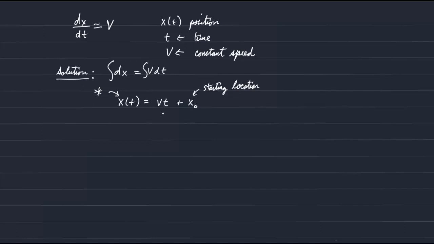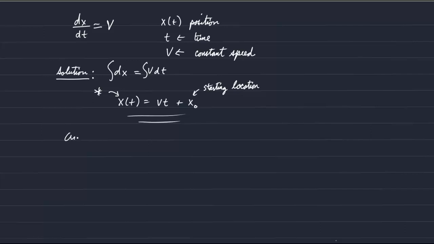It's your location when t is equal to 0. Okay, so that's a simple solution to a very simple differential equation that you probably encounter at least at some level as you drive to work or something like that.